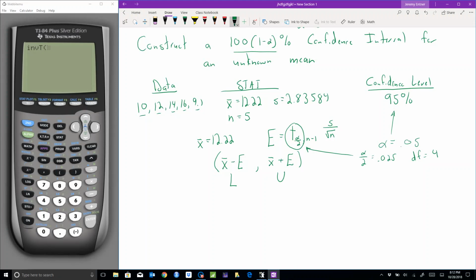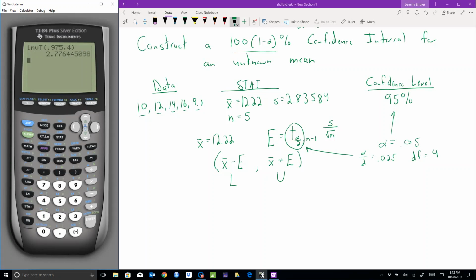So what do we type in this? Our area, the first number we use in this, is going to be 0.975, and our degrees of freedom is going to be 4. And we'll hit enter on that, and the calculator will search, and we'll get 2.776445098.